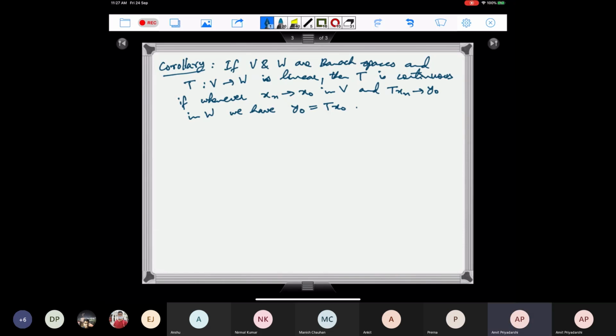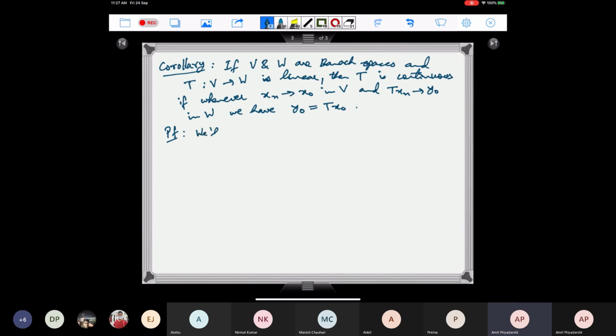So why is this? This follows by the closed graph theorem, because this condition implies that the graph of T is closed. So if we have this, now we will just prove that the graph of T is closed.